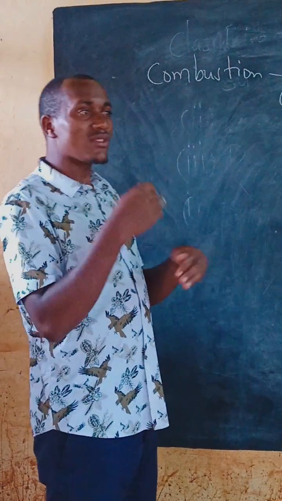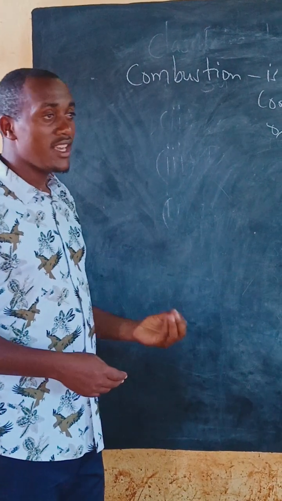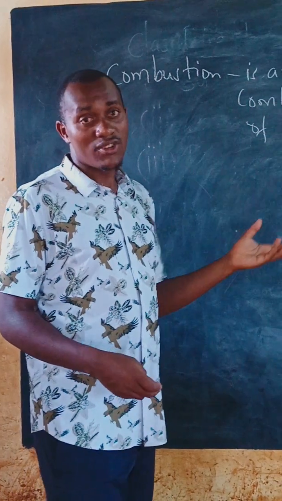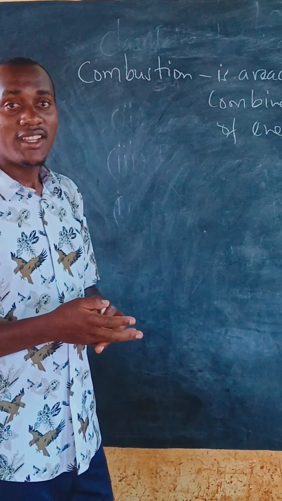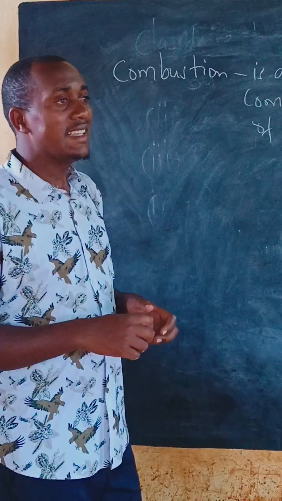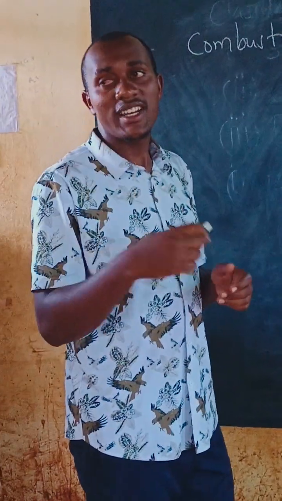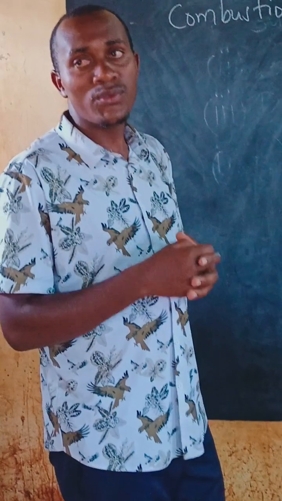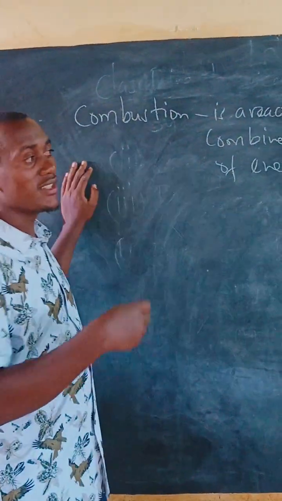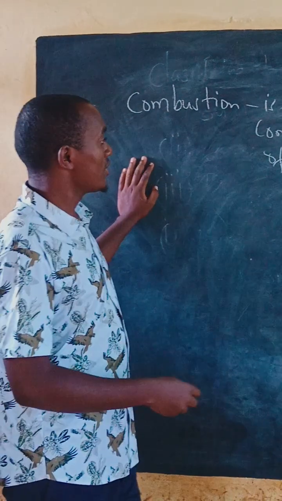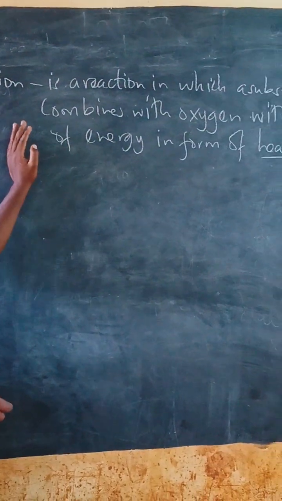Even in cars, petrol and diesel are burnt in the engines to produce heat and light that makes the piston move so that we can have the energy to power the car.